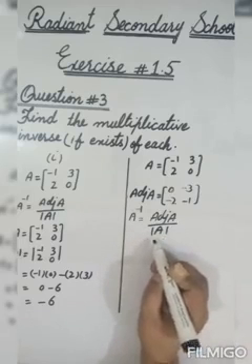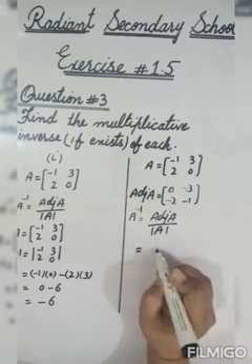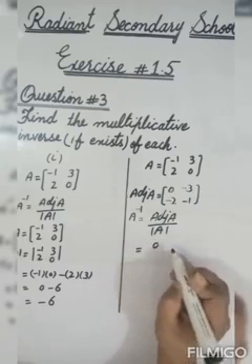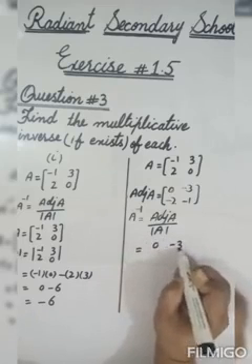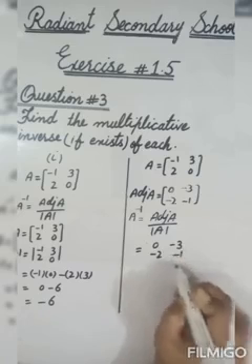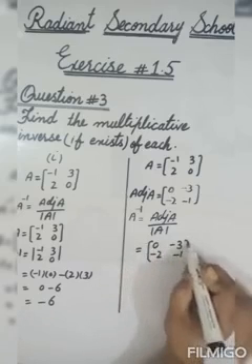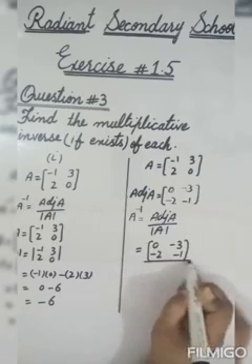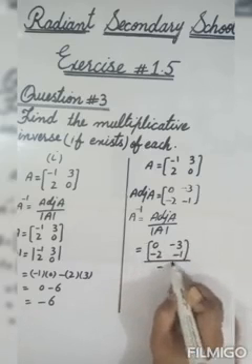Now we have to put the values in the formula. We have the adjoint which is equal to 0, minus 3, minus 2, minus 1 divided by the determinant of the matrix which is equal to minus 6.